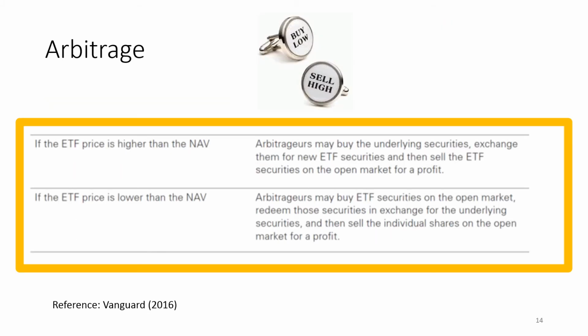The arbitrageurs calculate the value of the exchange-traded fund continuously throughout the trading day. If the price of the exchange-traded fund moves from the value of the underlying stocks, an arbitrage opportunity arises.